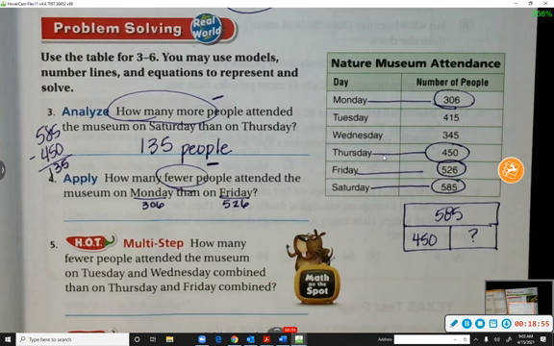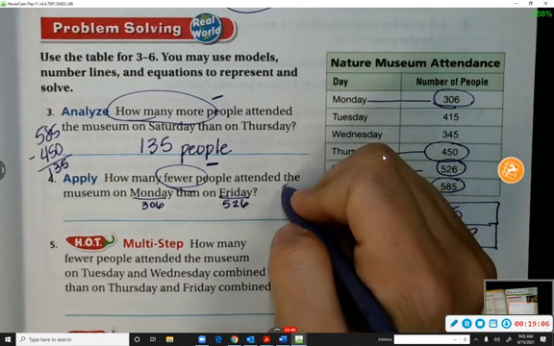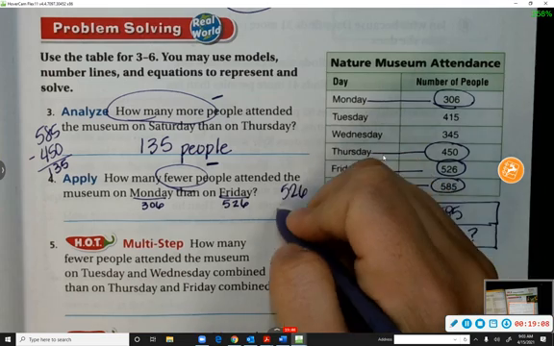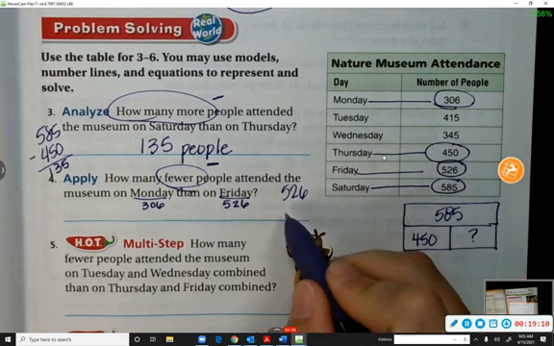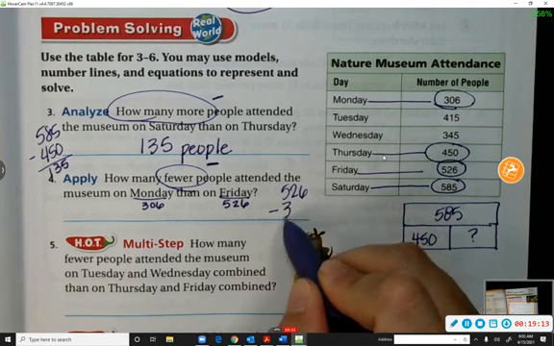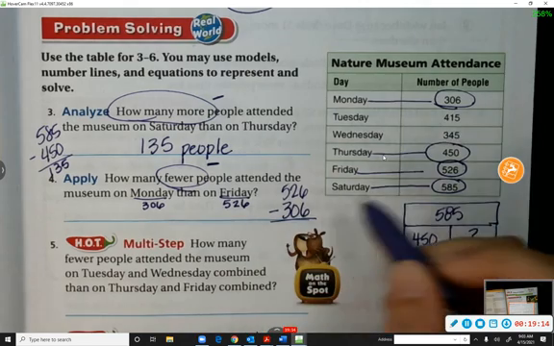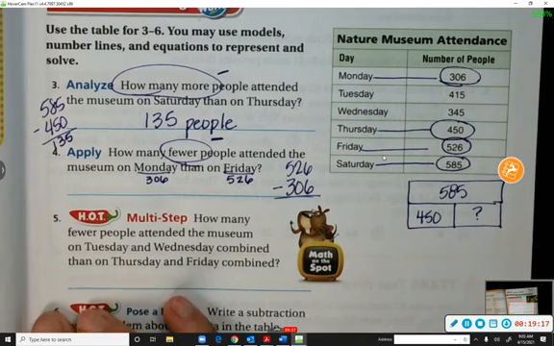Okay, so how would I set this up, Allie, if I'm going to subtract? You subtract 526 and 300. Good. The biggest number needs to go on top. They're making this easy on y'all.